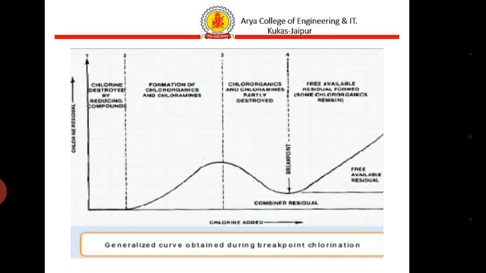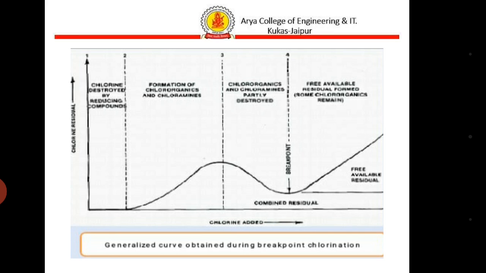Here is a curve which shows the relationship between residual chlorine and dose of chlorine. In the first stage, at a lower dose of chlorine, there is no free residual chlorine.